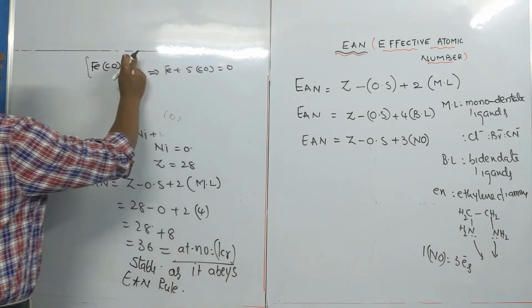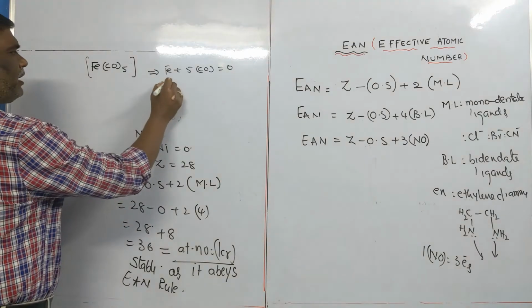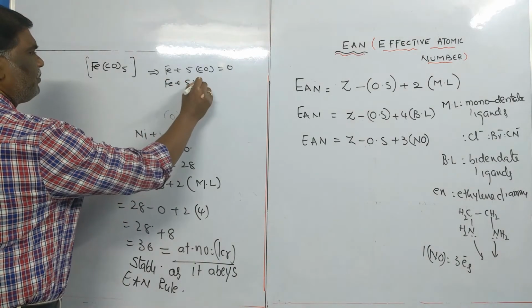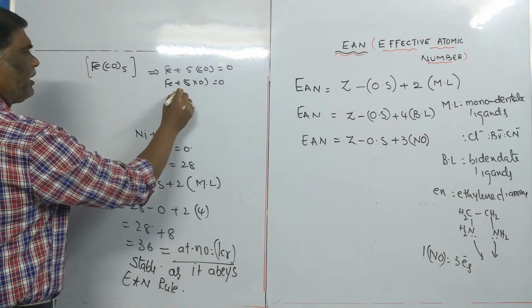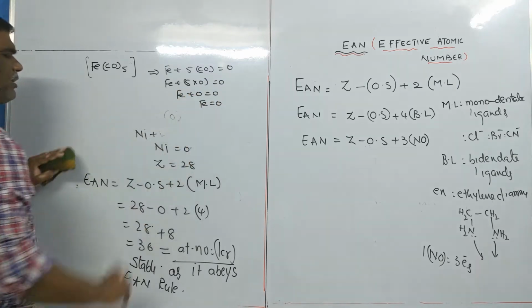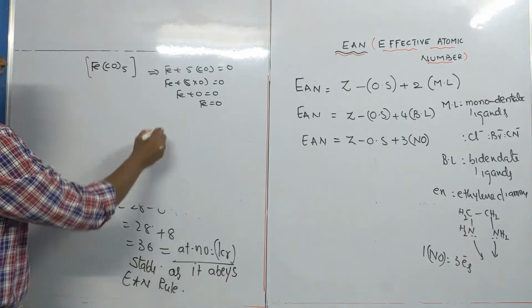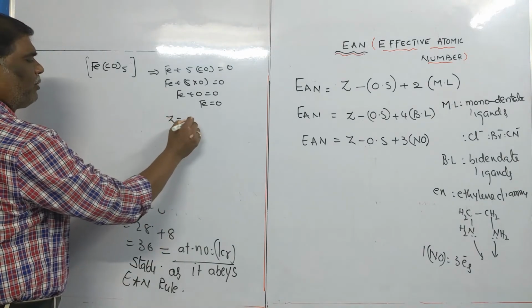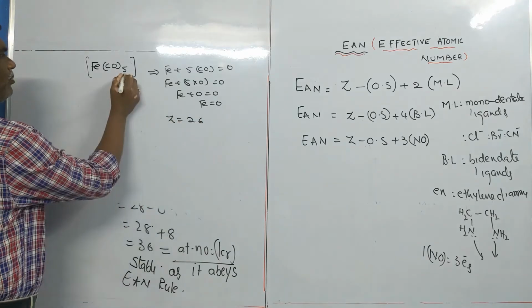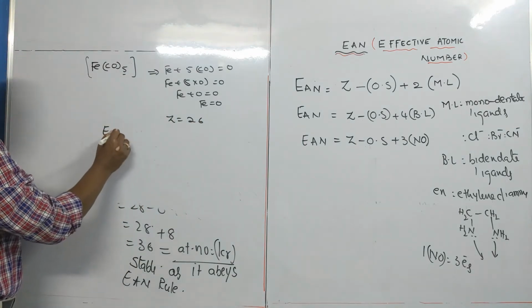The total is 0 because this is a neutral compound. Iron plus 5 into 0 is equal to 0, so iron's oxidation state is 0, which is the usual oxidation state in metal carbonyl compounds. The atomic number of iron is 26, and the number of monodentate ligands is 5.